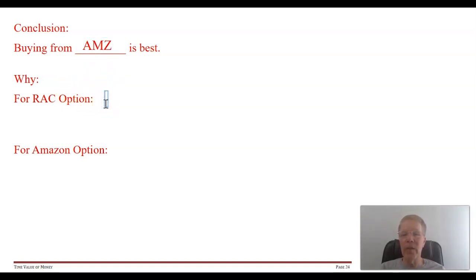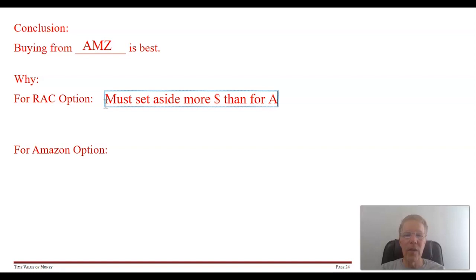Why? For the Rent-A-Center option, we must set aside more cash than for the AMZ option. Okay, and that's the deal.